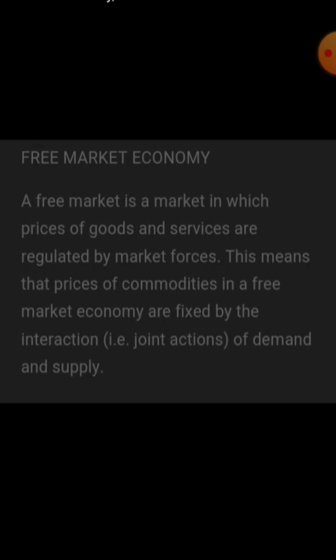That means a free market economy is one where the interplay of the forces of demand and supply determines the price.